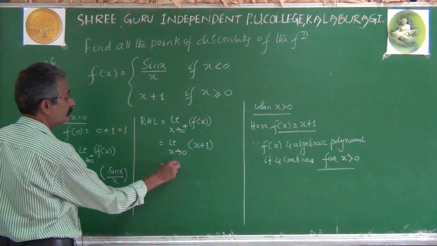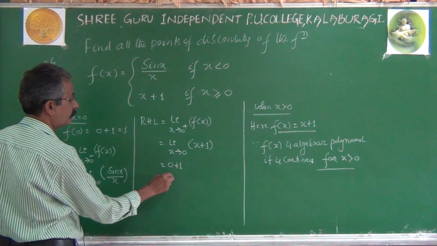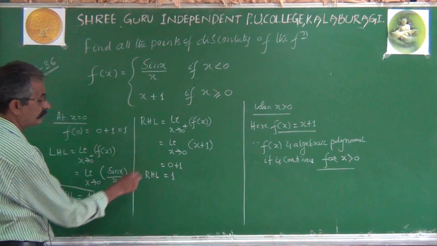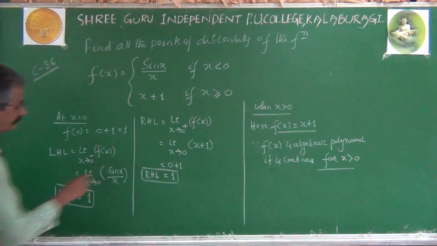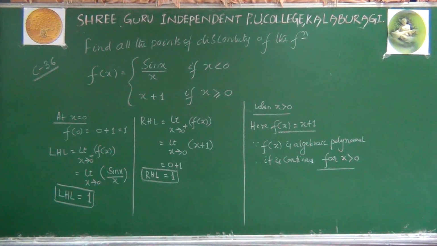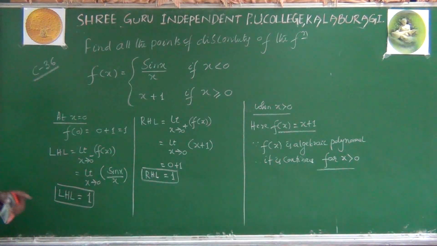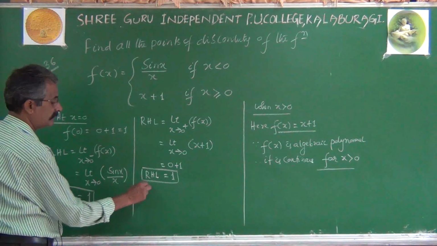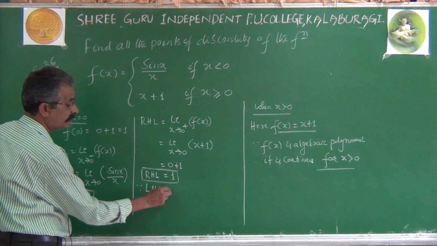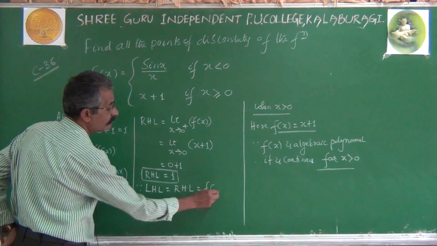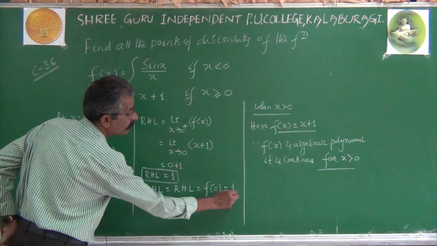What does it become? 0 plus 1, that is 1. LHL 1, RHL 1, and even f of 0 also 1. So the function is continuous at x equal to 0. Since left hand limit equals right hand limit equals f of 0, all of these are equal to 1.